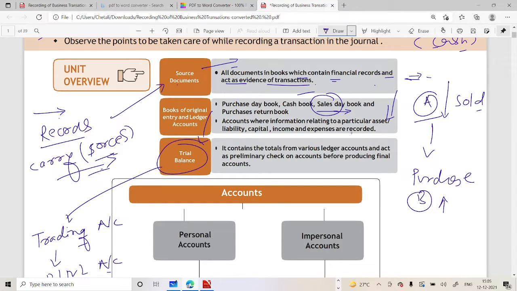Sales is a credit balance, right? Because we record this credit balance on the credit side of the trading account. Let's say purchase is 100, and now you sell. The actual sales value is around 200, but you took only 100.